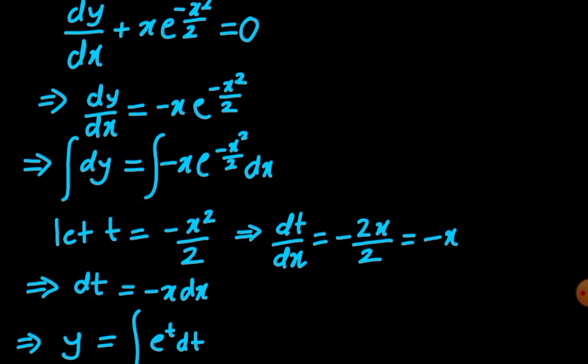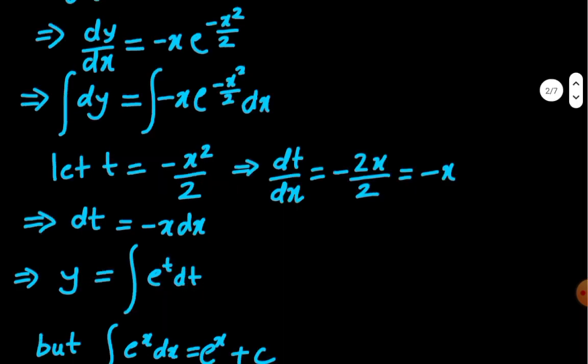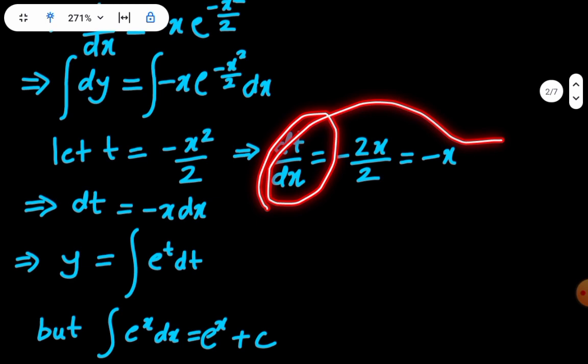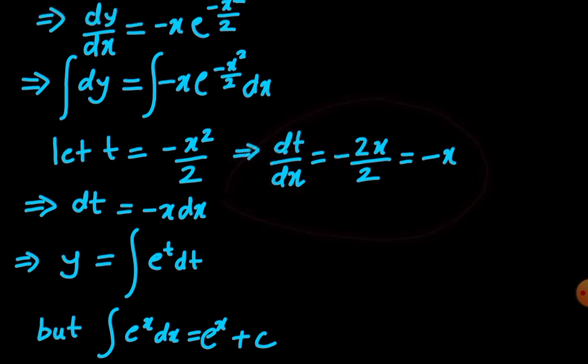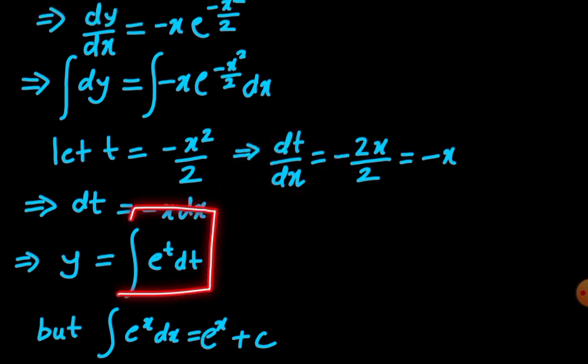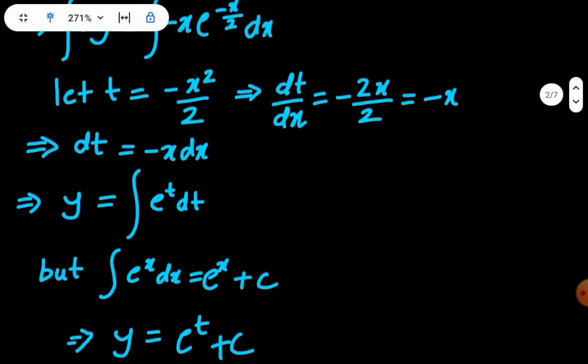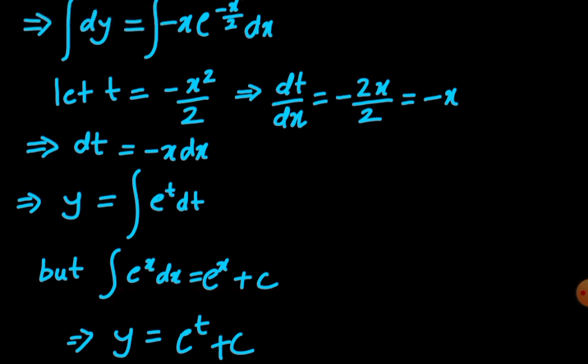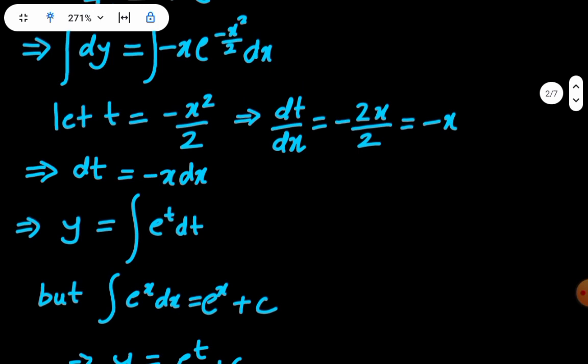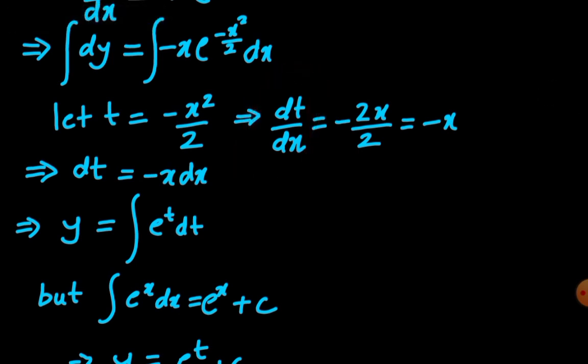We just need to take t equals minus x squared by 2, since upon doing that and upon differentiating it, we get this particular form, which is our standard form. As we know, integral e to the power x dx is equal to e to the power x plus c, right? So just like that, you can solve this question as well. And just to show you, dt by dx comes out to minus x, as you can clearly see, and hence dt equals minus x dx.